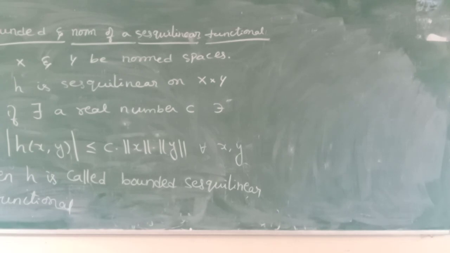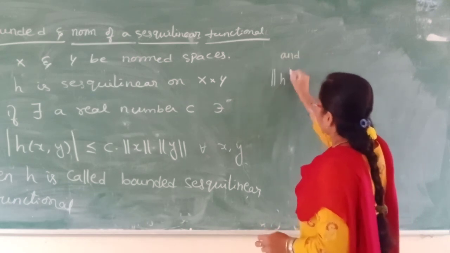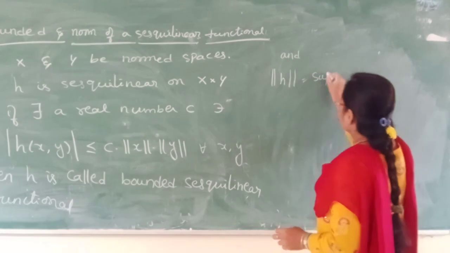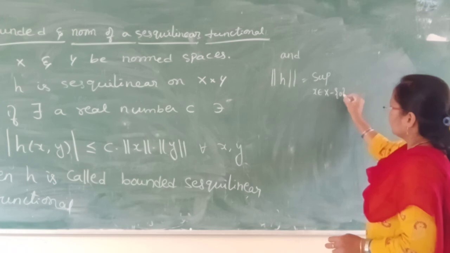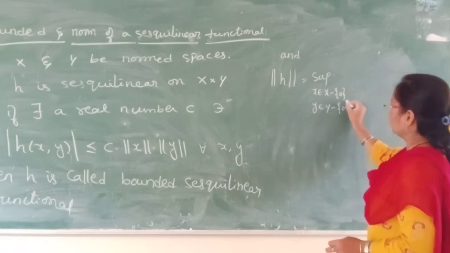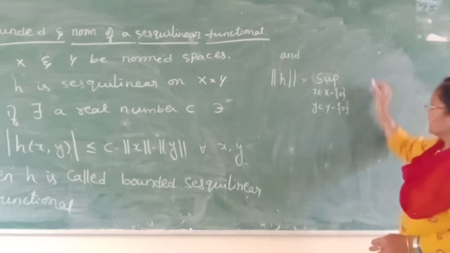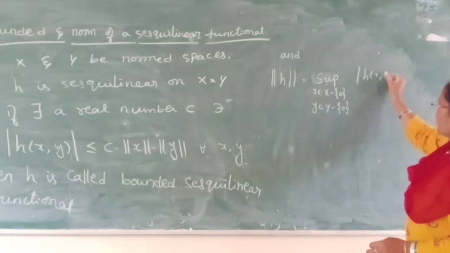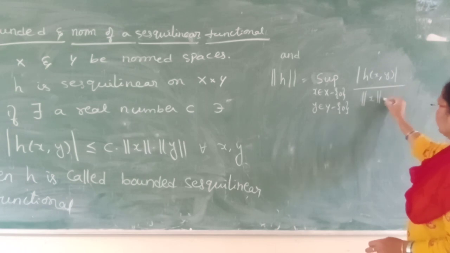Next line, and norm H is equal to the supremum, where x belongs to capital X except 0, and small y belongs to capital Y except 0, of the modulus of h of x comma y divided by norm x into norm y.